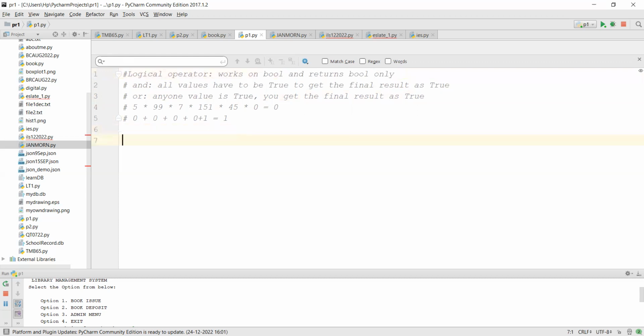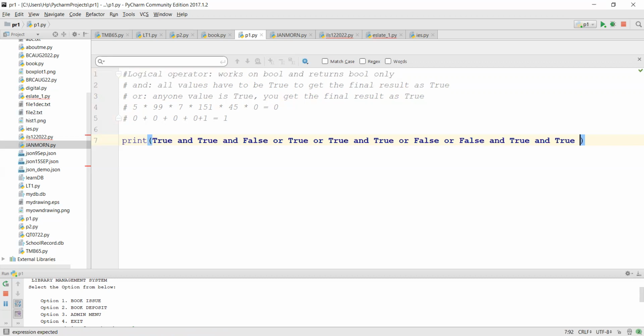Now tell me what will be the output of this. If I say print true and true and false, or true or true and true, or false and true and true, or false.